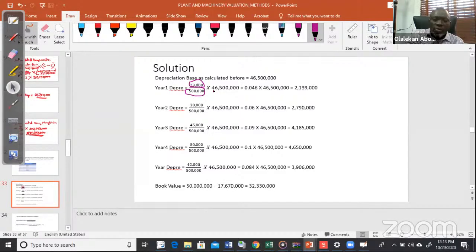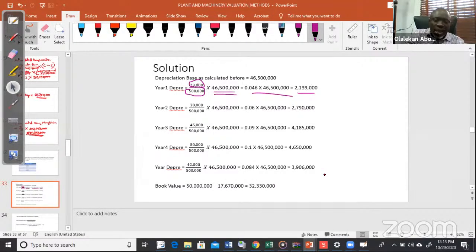Then this is your depreciable sum or depreciation base, which is cost minus what? Cost minus scrap value. So when you compute this out, your depreciation for year 1 will be 2,139,000. The same thing is what you will do for year 2, year 3, up to the final year.